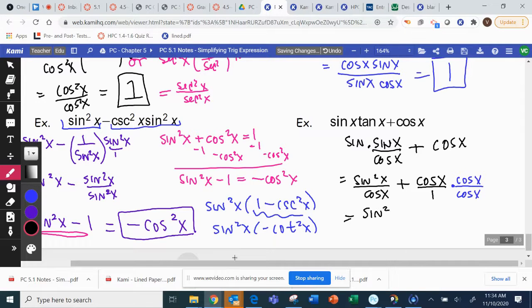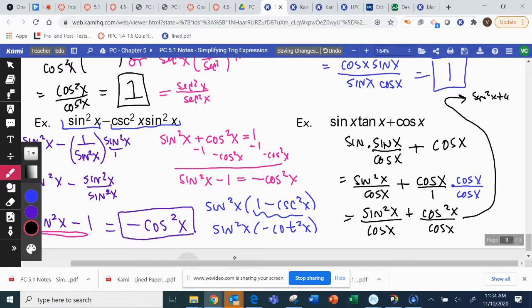So I have sine squared x over cosine x plus cosine squared x over cosine x, which I'm going to have to go up here because I ran out of room, equals sine squared x plus cosine squared x over cosine x, which is 1 over cosine x, which is secant x. Sorry, I should have spaced it better.